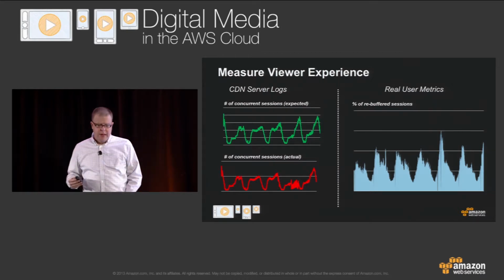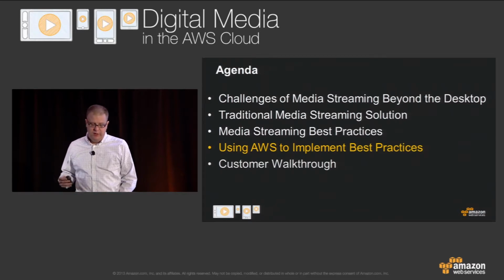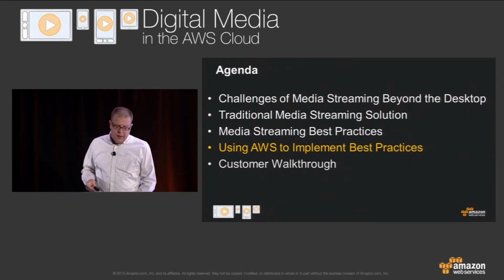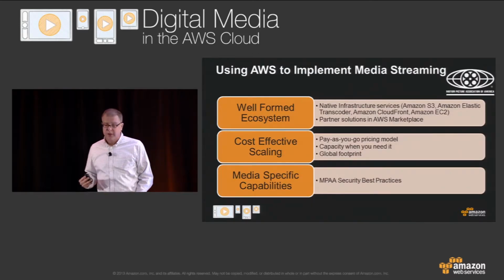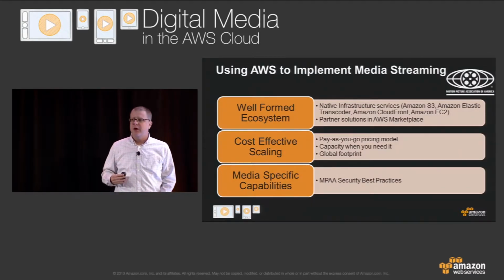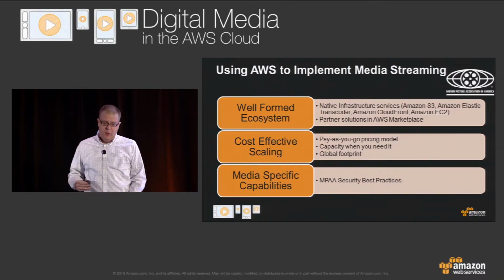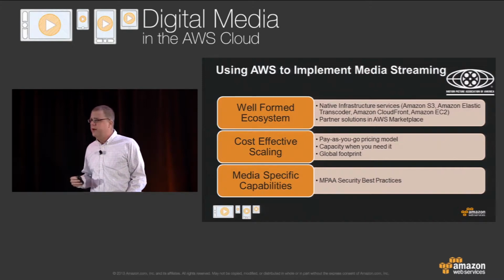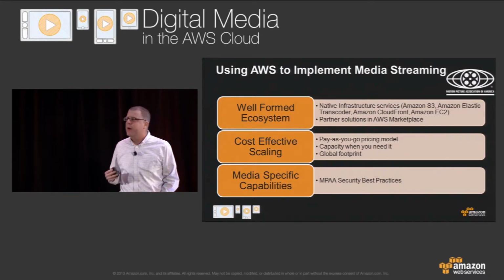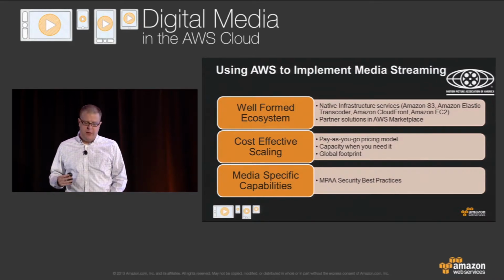So let's go through now and talk a little bit about how AWS has implemented some of these best practices. The first thing I would call out is that it's not just AWS. It is also the ecosystem of partner solutions that run in AWS. So S3, Elastic Transcoder, CloudFront, these are all solutions that have great applicability out of the box for video and video streaming beyond the desktop.